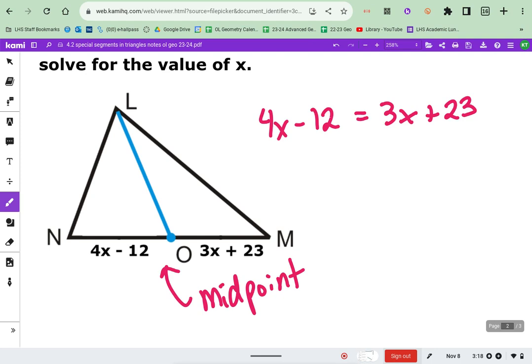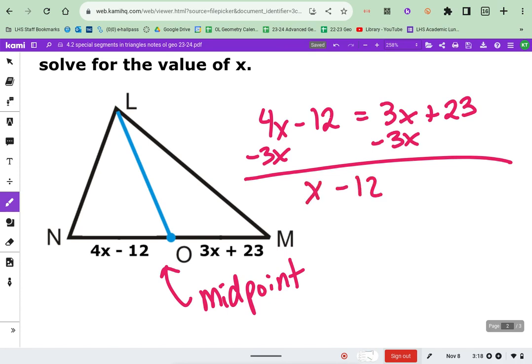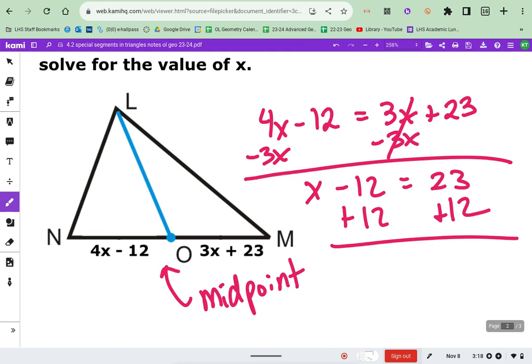And so now we subtract x's from each side, so minus 3x, minus 3x. So on the left I have 1x minus 12 equals 23. And then I'm going to add 12 to both sides to get my x by itself, to get that x is 35.